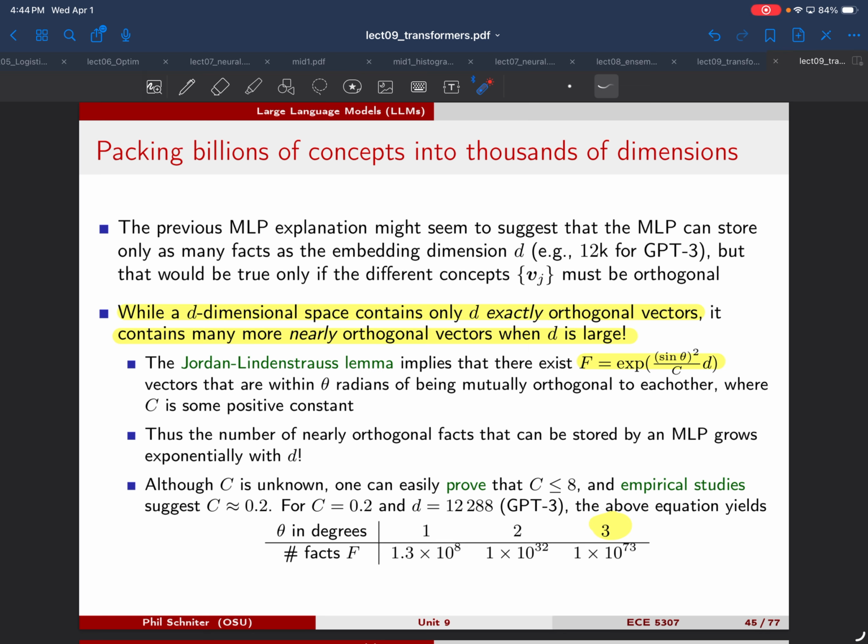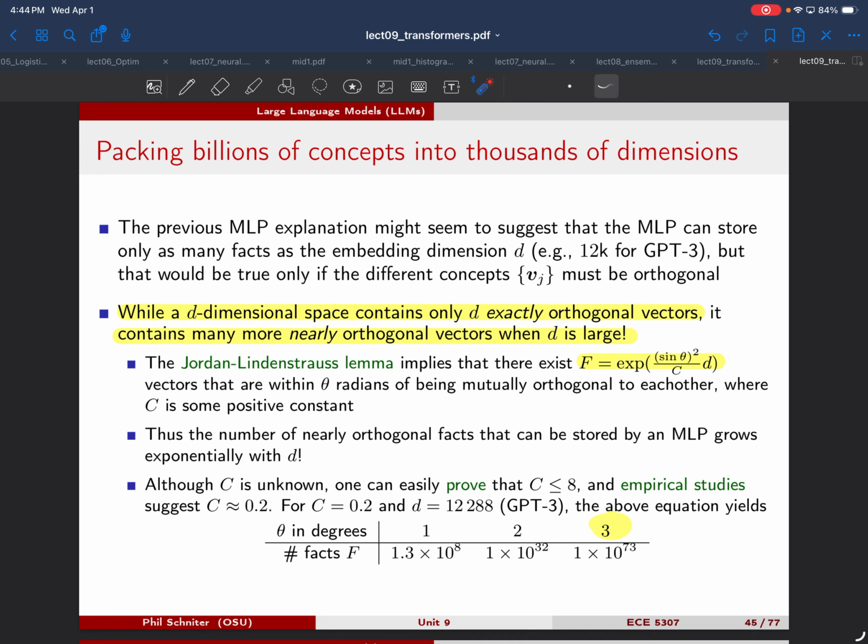I didn't quite understand the question. So let's say I have a bunch of vectors and I'm allowed to make them 89 degrees, so not perfectly orthogonal, 89 degrees apart from each other. And the question is, how many can I squeeze into this space so that they're all mutually 89 degrees from each other, or larger, or closer to 90?